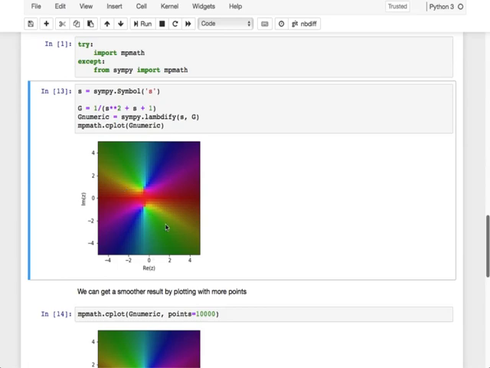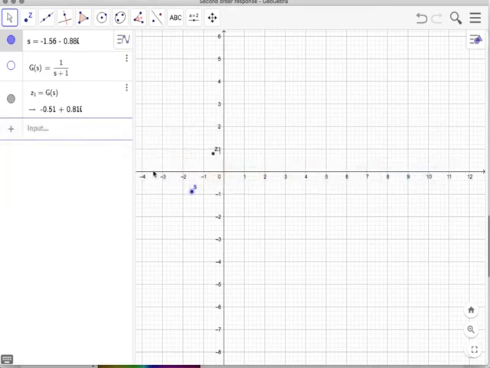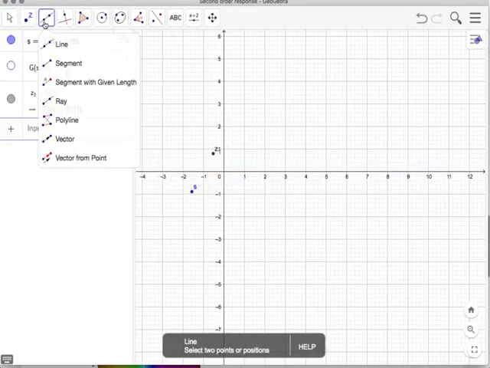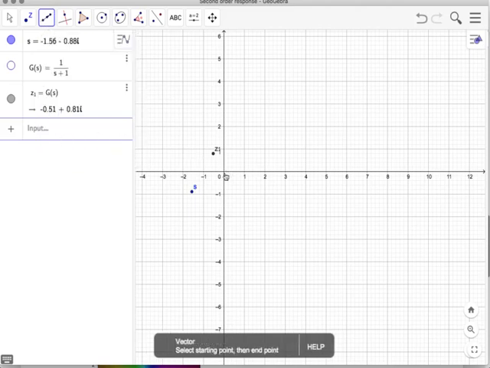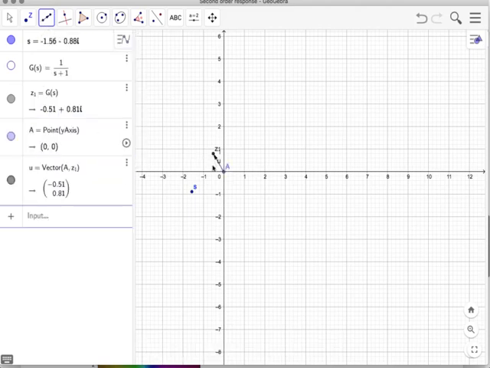We can plot this using a system where the color is encoding the angle of g of s, and let me just make sure that everybody understands this. So what I mean by that is that that g of s can be thought of as a vector.